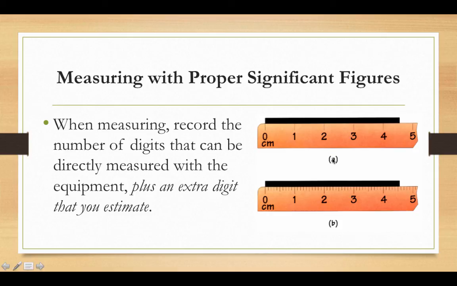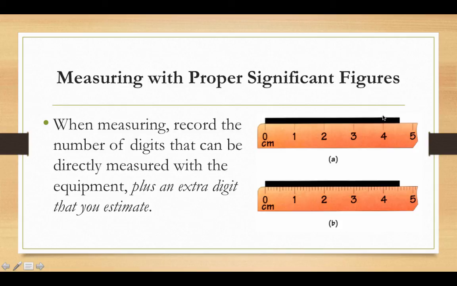Let's look at ruler A up here on the top. I'm sure this brings back fond memories of TCAP in grade school and the rulers that you used to use. If I'm trying to measure this brown bar, I know that the brown bar is 4 centimeters long. And now I need to estimate how far it is between my 4 and 5 centimeter marks.